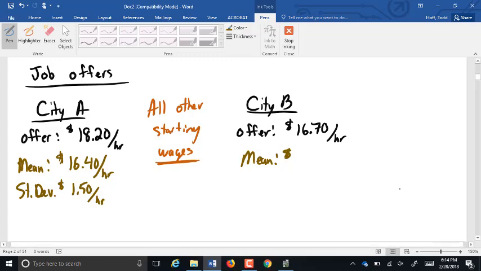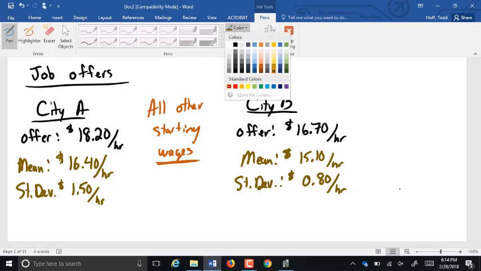But let's say in City B, the mean starting wage for people in that related field is $15.10 per hour with a standard deviation of 80 cents per hour.